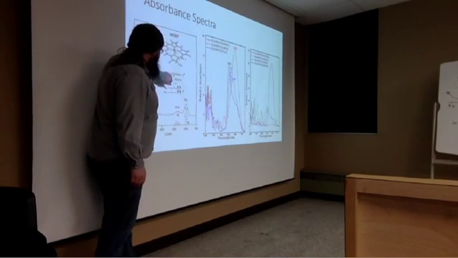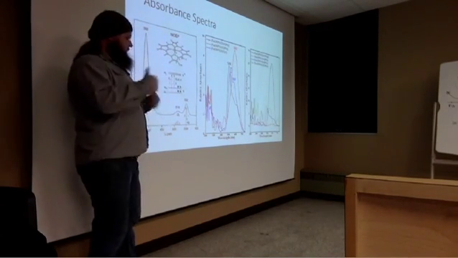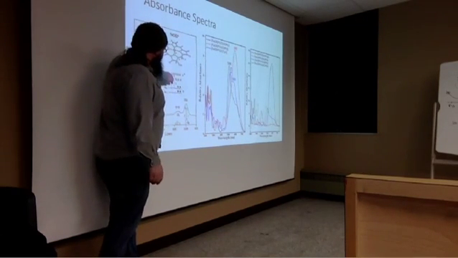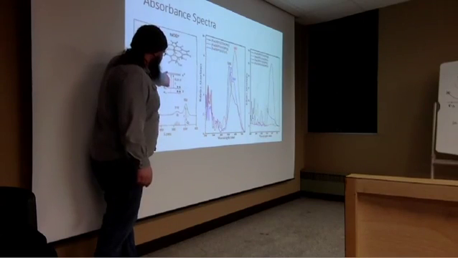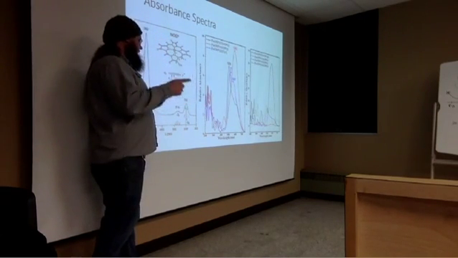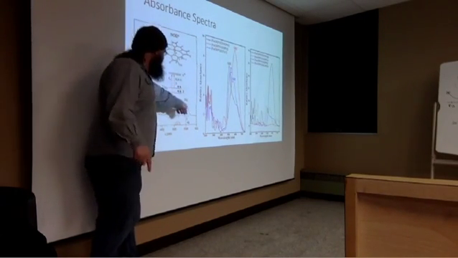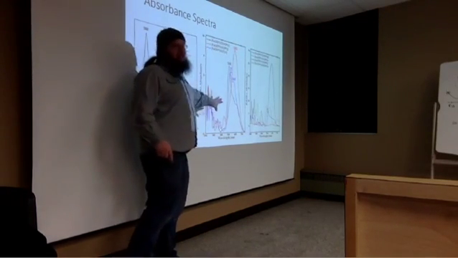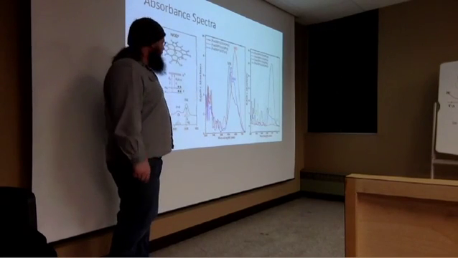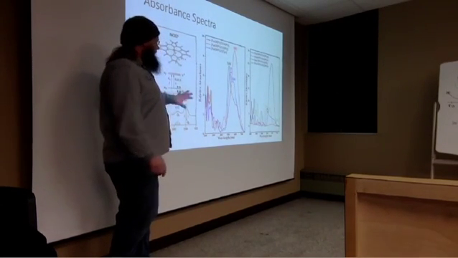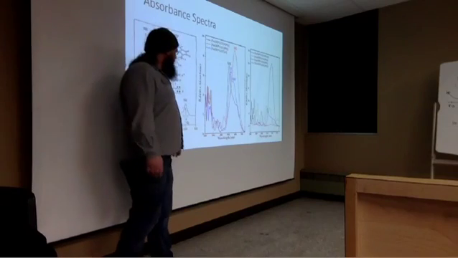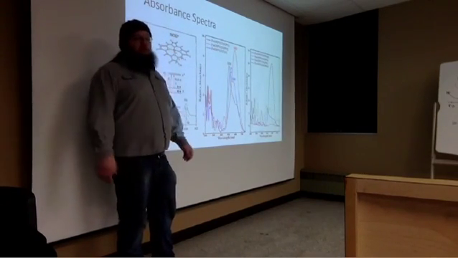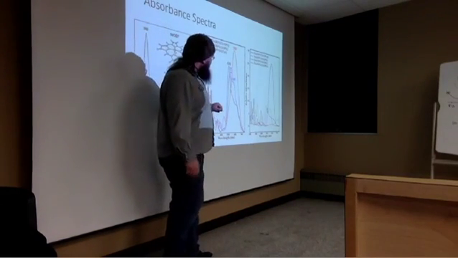These two orbitals are so close in energy that they end up interacting with each other. The excited states interact with each other, and you end up getting this very similar thing. I don't think DFT fully captures what's going on there, because it's a very unique example compared to something like a simple CO2 absorbance spectrum.